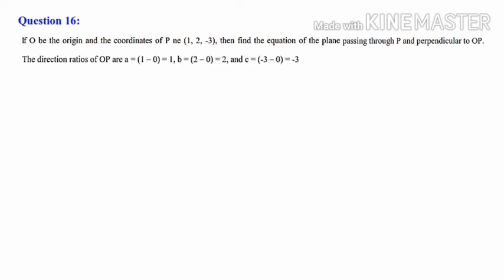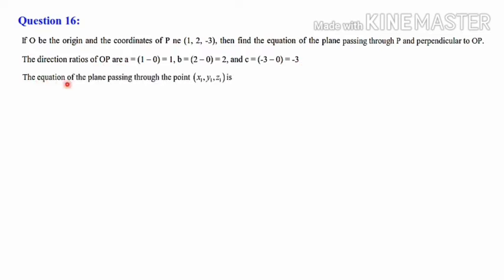Here the direction ratios of OP we have to calculate. O we know, that is 0, 0, 0, and P is 1, 2, minus 3. So direction ratio when you calculate x2 minus x1, that is 1 minus 0, that is 1, b is 2 minus 0, that is 2, and c is minus 3 minus 0, that is minus 3. So direction ratio of OP we have got.